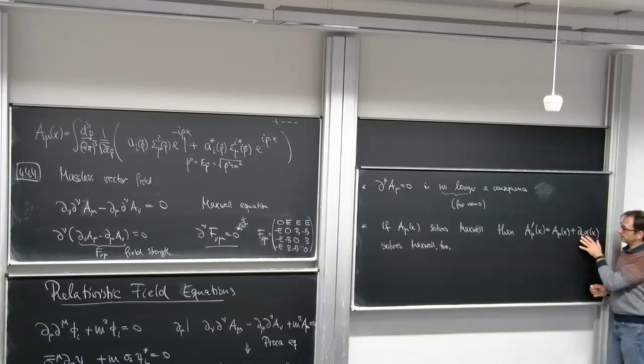It's a little less than choosing arbitrary functions for everyone, but it's a lot of freedom because it's a function. It's not just adding a constant. It could be very complicated.